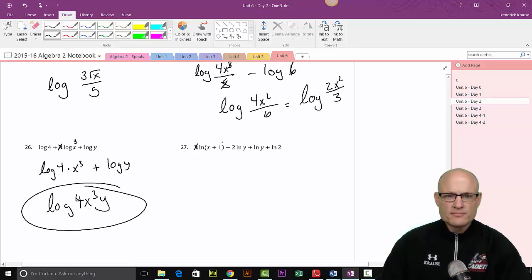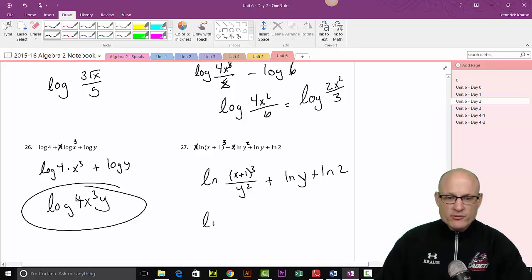3 goes back. 2 goes back. That's it. So this ends up being the natural log of x plus 1 cubed over y squared plus the natural log of y plus the natural log of 2.